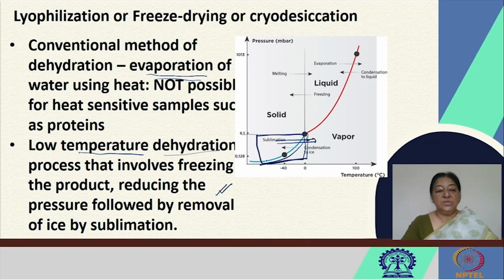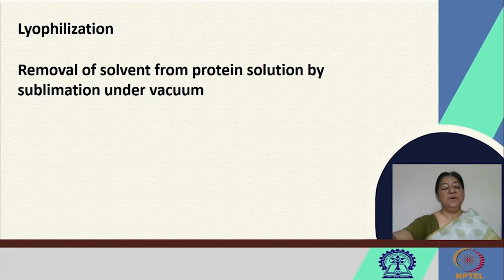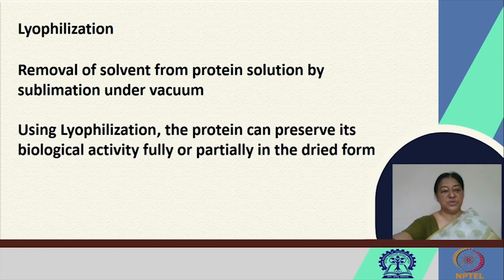So if we can reduce the pressure to a level that would be within this range, then we can reduce the boiling point of water and we would go to a sublimation process, taking us directly to the vapor state. So the lyophilization process involves the removal of water from the protein solution by sublimation under vacuum at a reduced pressure.